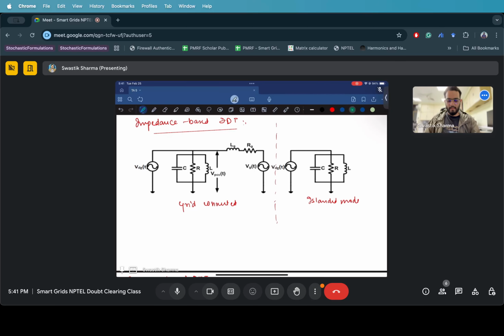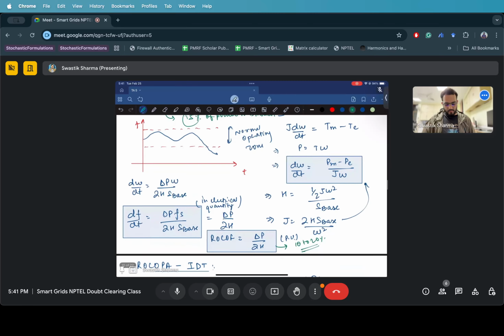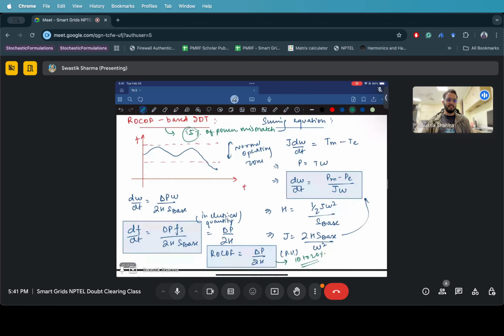So this mismatch is in a range. I have not given a perfect value. It's a range. It's generally 10 to 20%, which is observed. Even in ma'am's video, you would have seen they have done several experiments based on varying H level, inertia constants, and how the microgrid behaves by varying the H constant.